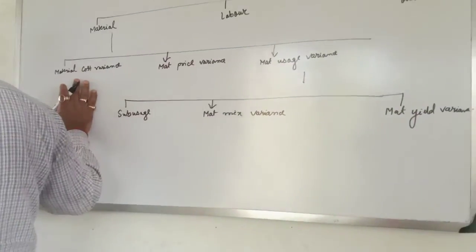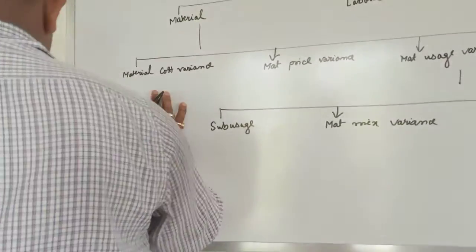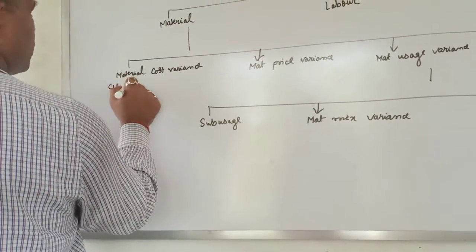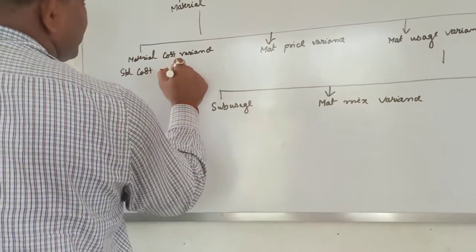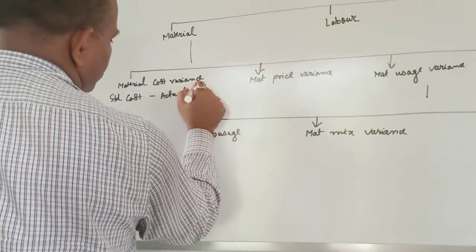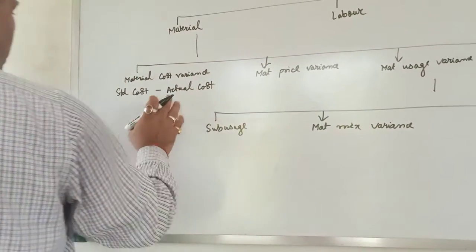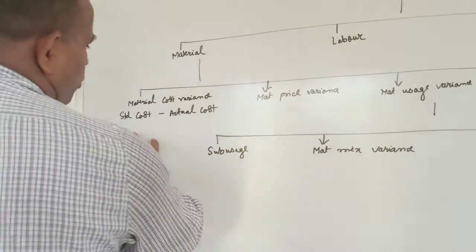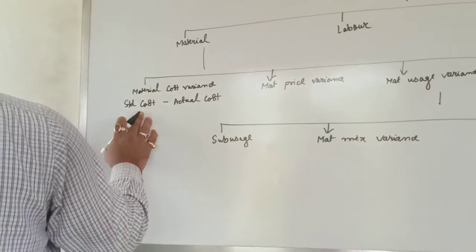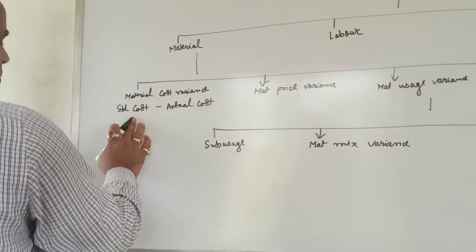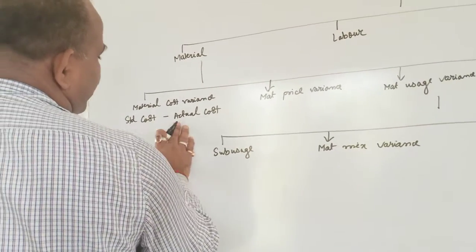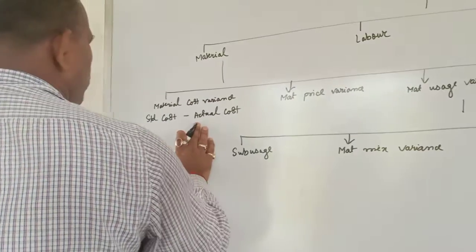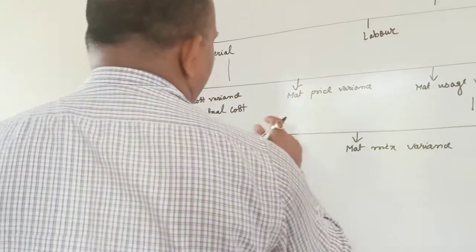There is no problem in the material cost variance because it is standard cost minus actual cost. If the actual cost is more than the standard cost, it is an unfavorable material cost variance, and if the standard cost is more than the actual cost, it is favorable.